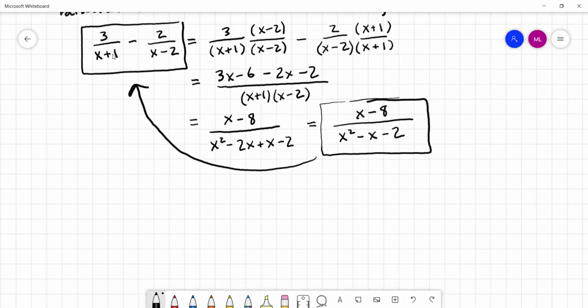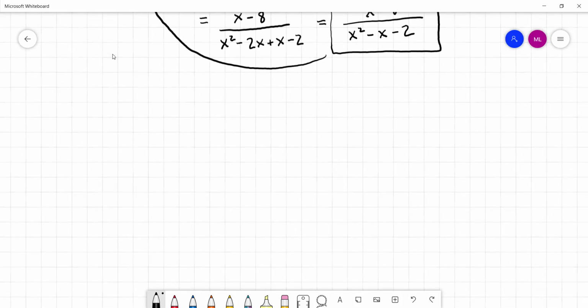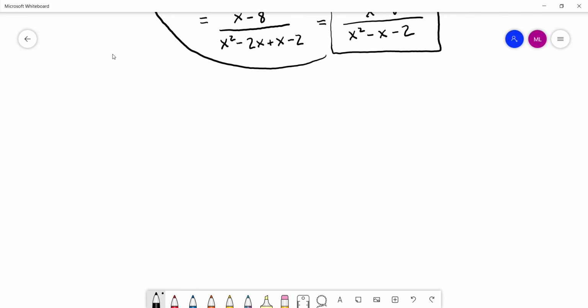Let's think about it hypothetically in a more general case. If we have a complicated fraction, and our function f of x looks like a rational function, with some p of x in the numerator over some q of x in the denominator, the ratio of these two functions, then what we want to do is to factor.